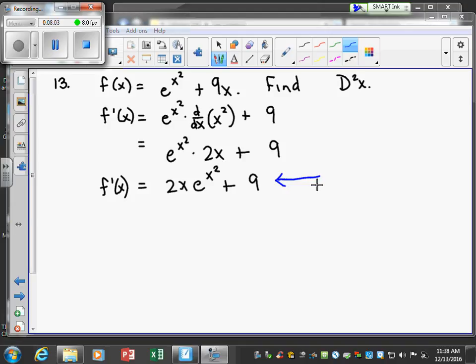Now within the first derivative, when we take this derivative again, we have product rule right there. So first times derivative of second plus second times derivative of first, and then we have the derivative of this term. So go ahead and evaluate that derivative.